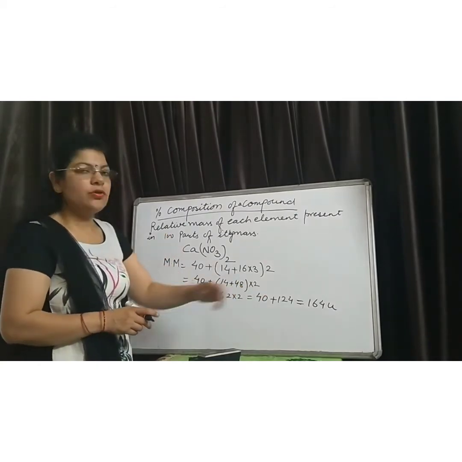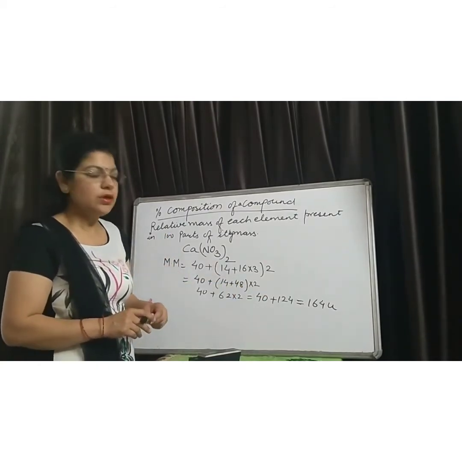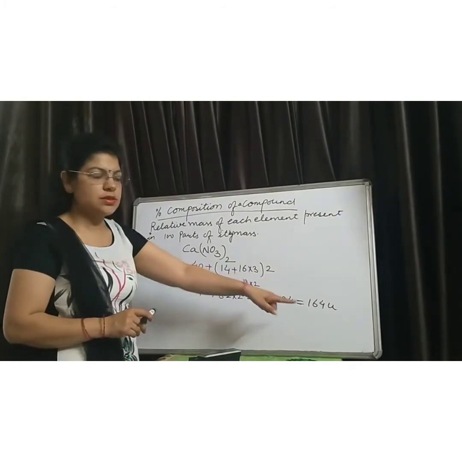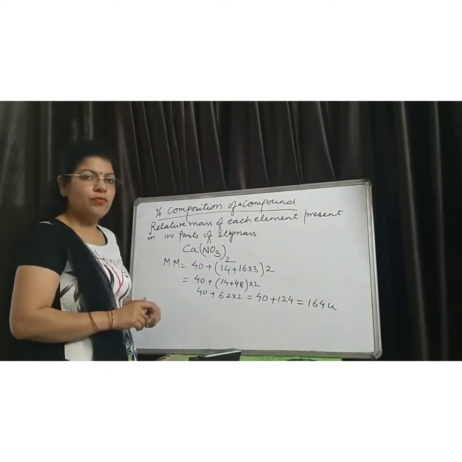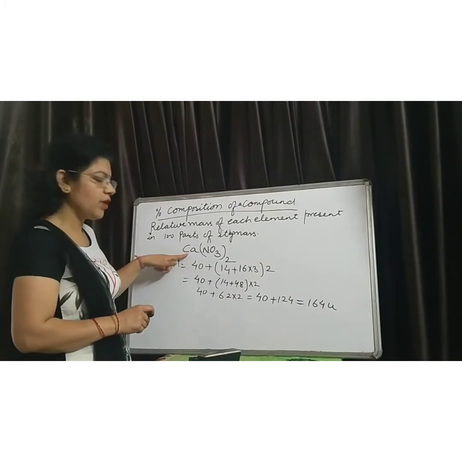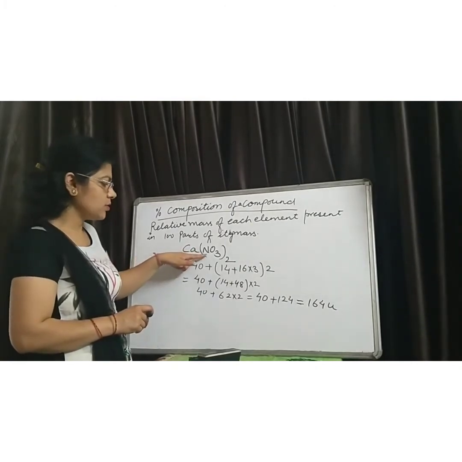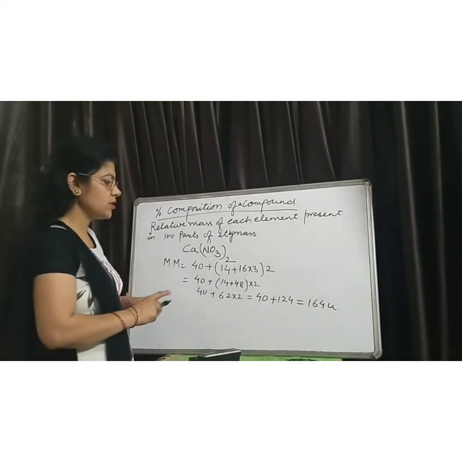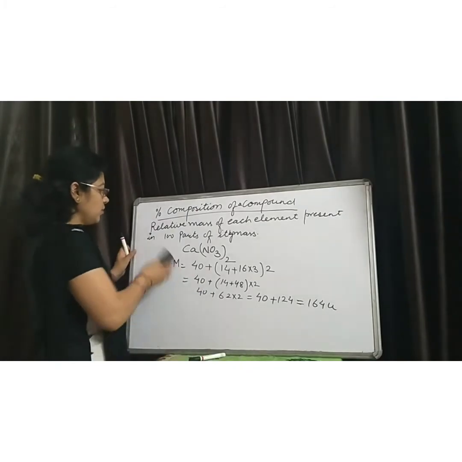This is the molecular mass or the total mass of the compound, that is 164 U. Now we have to calculate the percentage of calcium, percentage of nitrogen as well as percentage of oxygen.